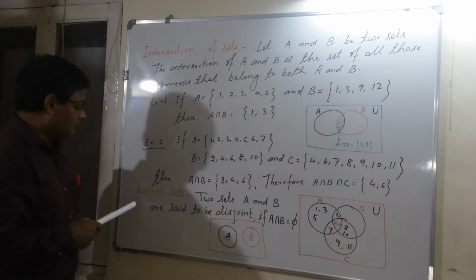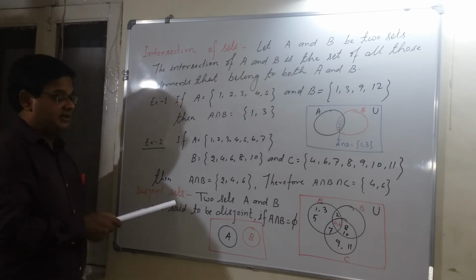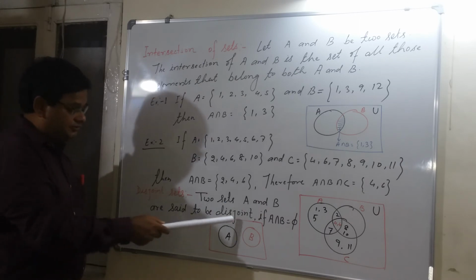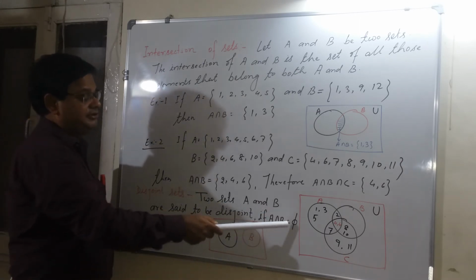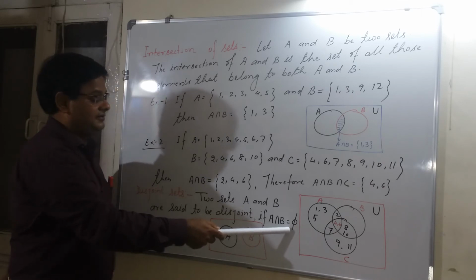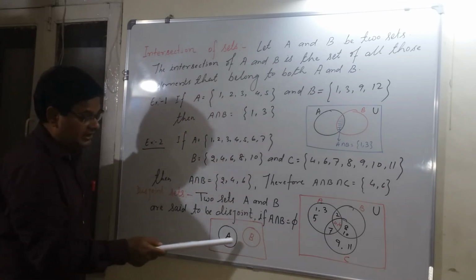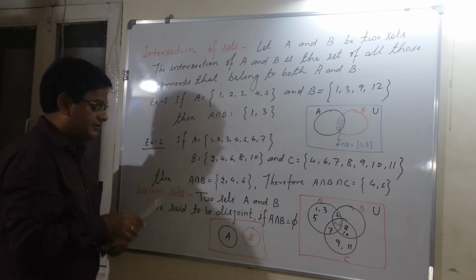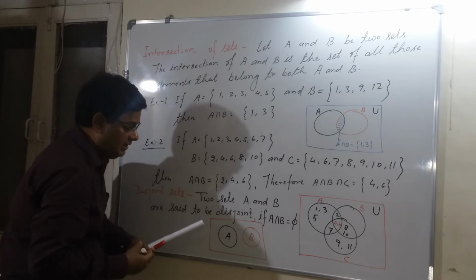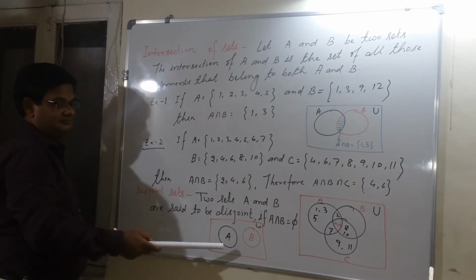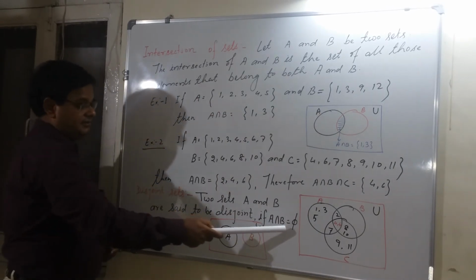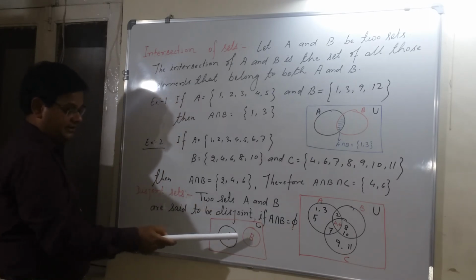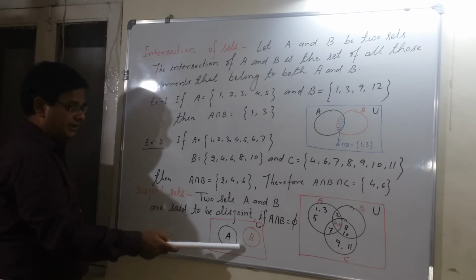Now we are going to find disjoint sets. Two sets A and B are said to be disjoint if A intersection B is equal to the null set. In the diagram, A and B are disjoint sets because their intersection is empty; both sets are separated and no element is common.